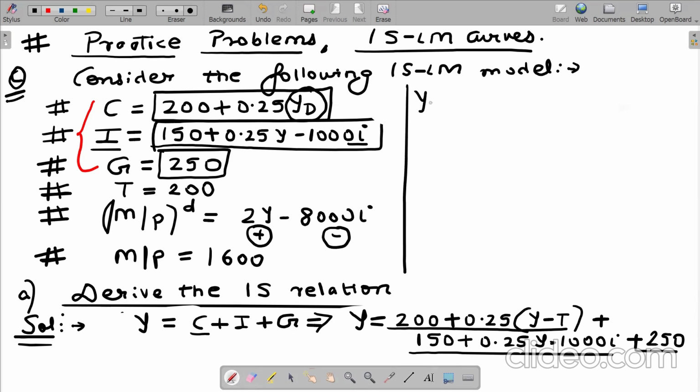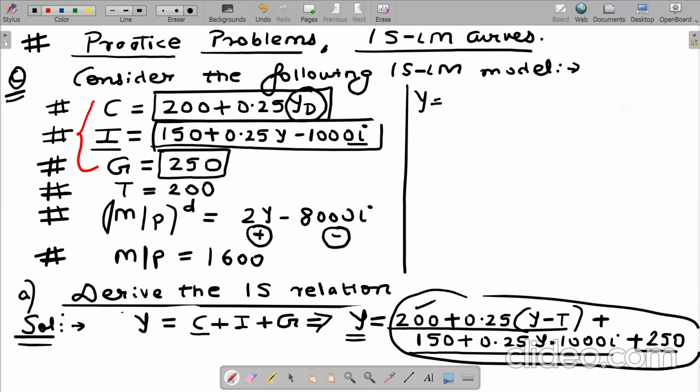So Y is equal to, now let me open up this whole equation. 200 plus 0.25 Y minus 0.25 into T. But how much is T, guys? T is 200. So how much is 0.25 into 200? If I quickly calculate this, it comes out as 50.